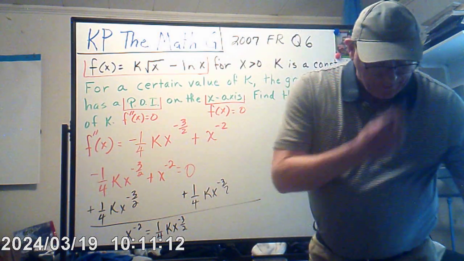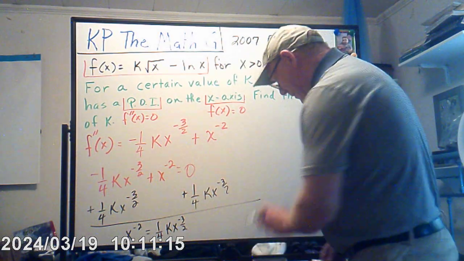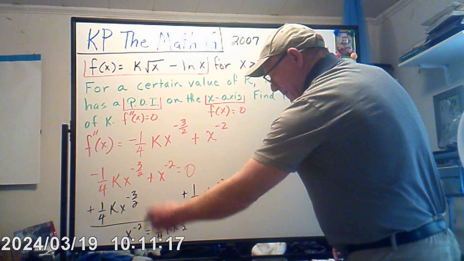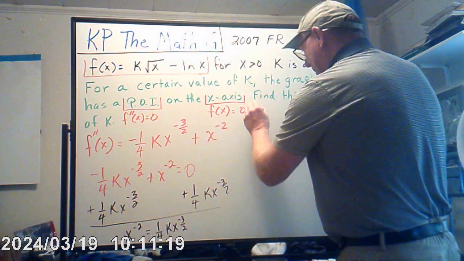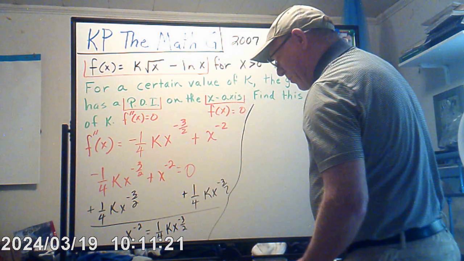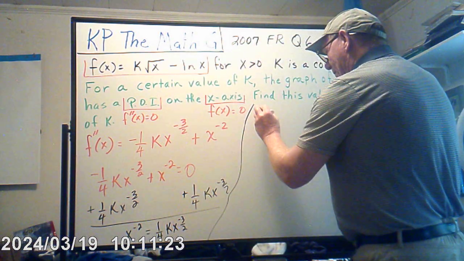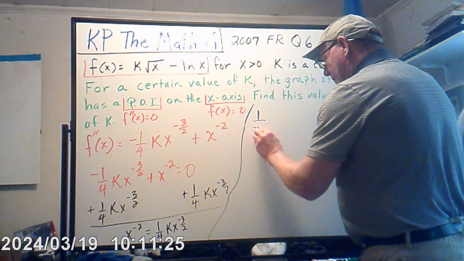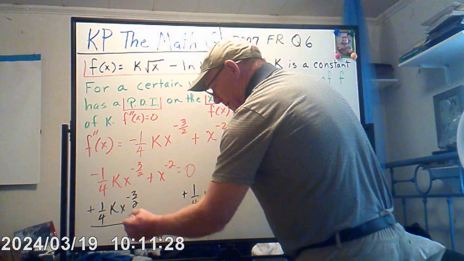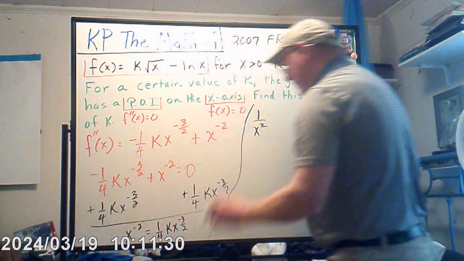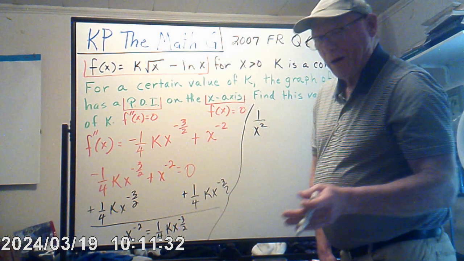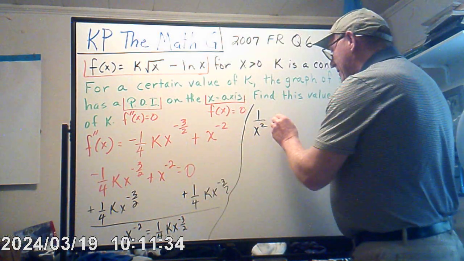And then what I want to do is rewrite this, get rid of the negative exponent, and I'm actually going to set up a proportion when I do. So I have 1 over x squared. Remember, this is in the numerator, so you bring it down into the denominator. It makes the exponent positive. We should know that at this level.